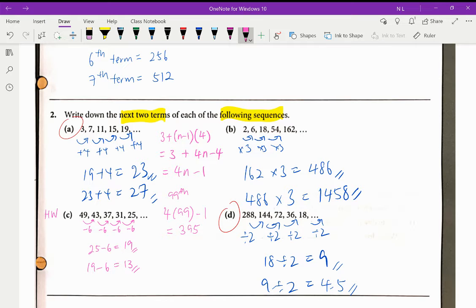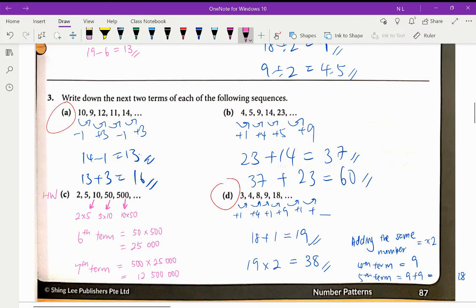If you have measured the timing, you have noticed that I used less than a minute and I can find the 99th term straight away, without counting plus 4, plus 4, plus 4 so many times until I reach the 99th term. It's too time consuming. By using the expression in terms of n, this allows us to find any term we want in the number sequence, at any position, almost immediately. So let's look at some questions here.